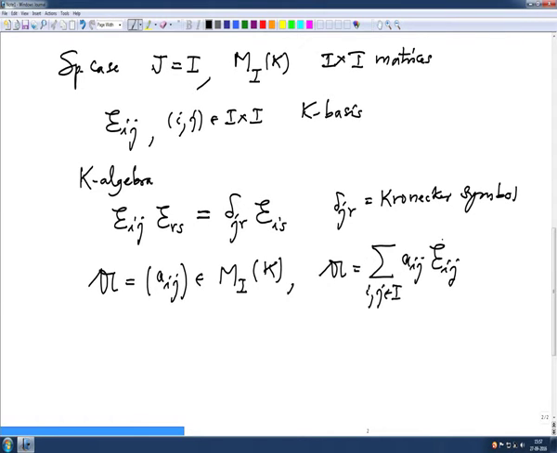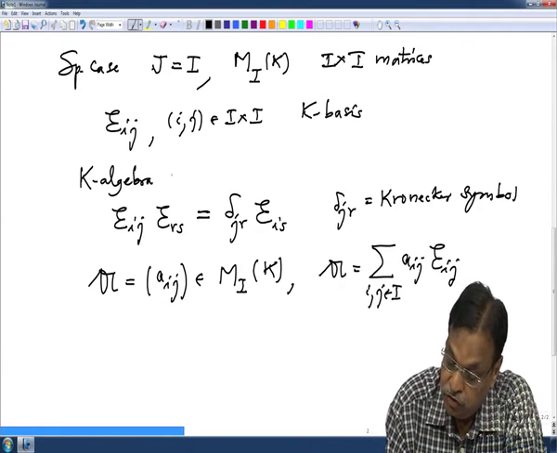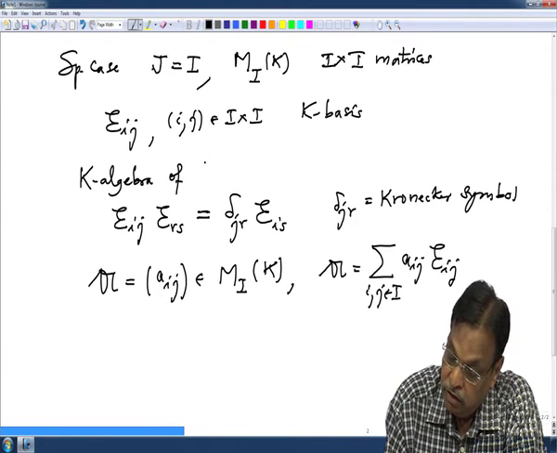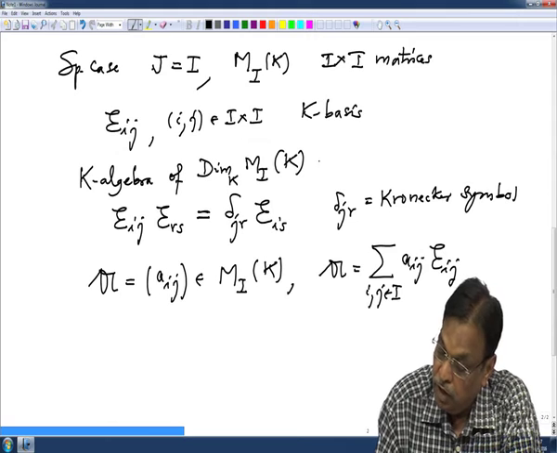And so when you multiply another matrix, you just have to perform these operations. So it will be easier for calculation. Also we have seen this is a K algebra, and the dimension of this K algebra is cardinality of I squared.